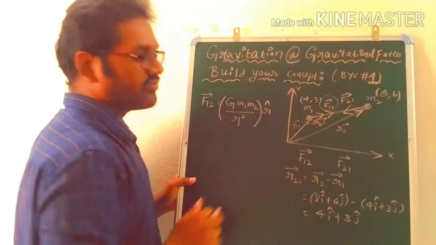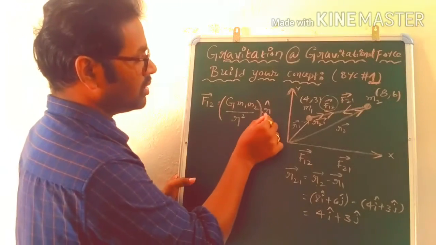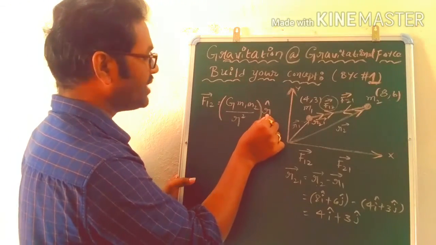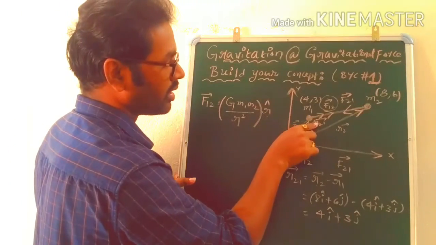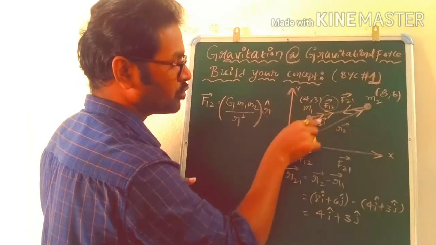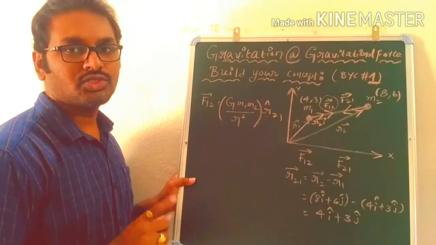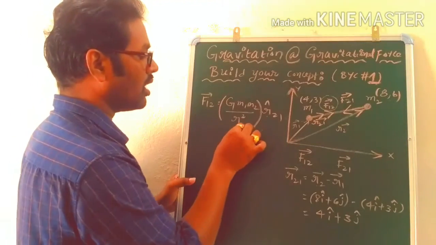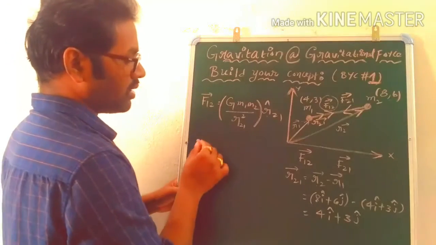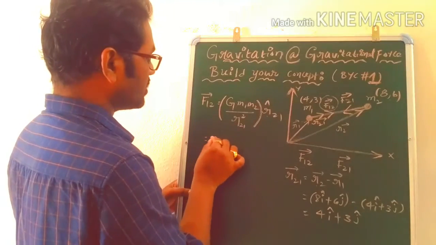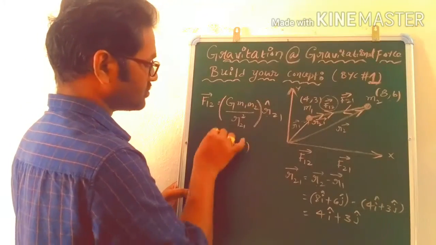With the help of this vector, we can find this force. Let us see how. The unit vector should be along the direction of F12 bar. Along the direction of F12 bar, we got R21 bar, so you can write R21 cap. Here also R21 magnitude whole square, which is equal to G M1 M2.